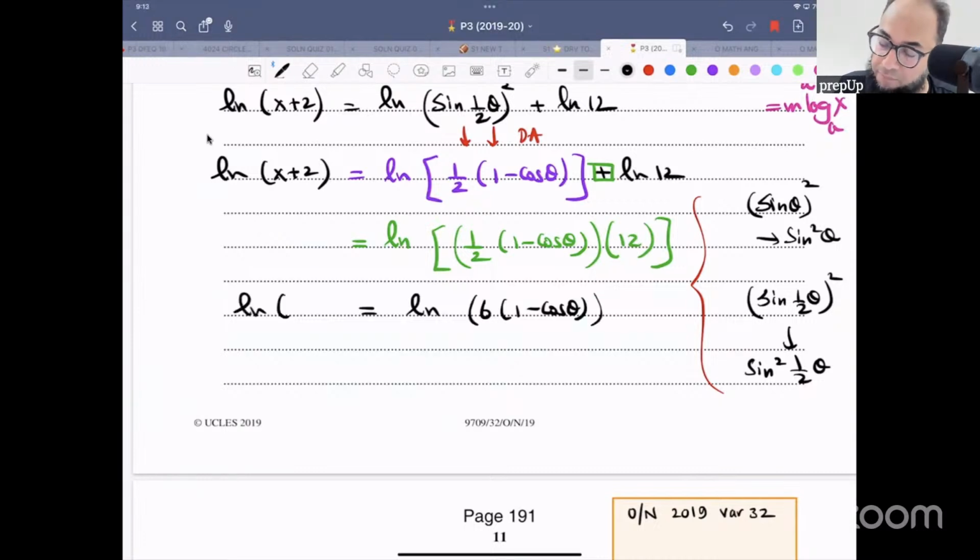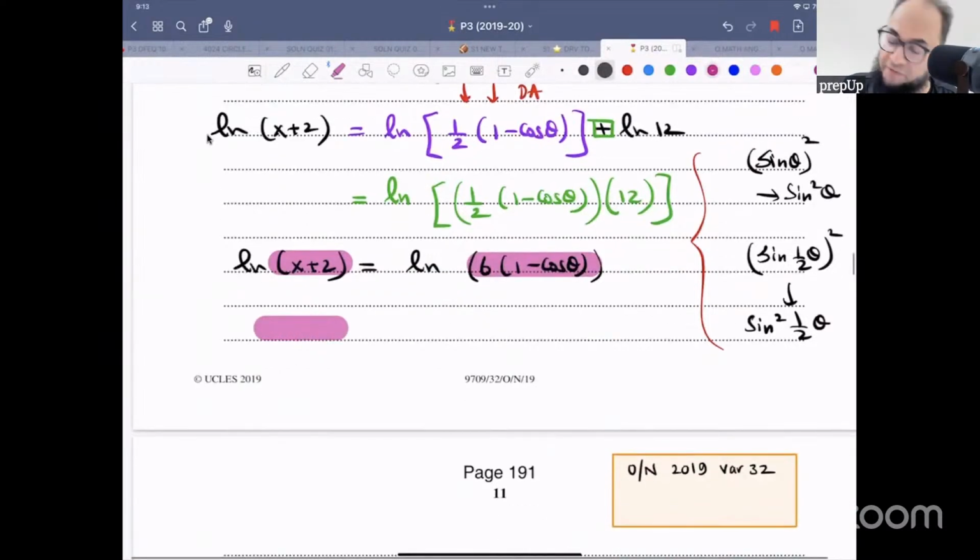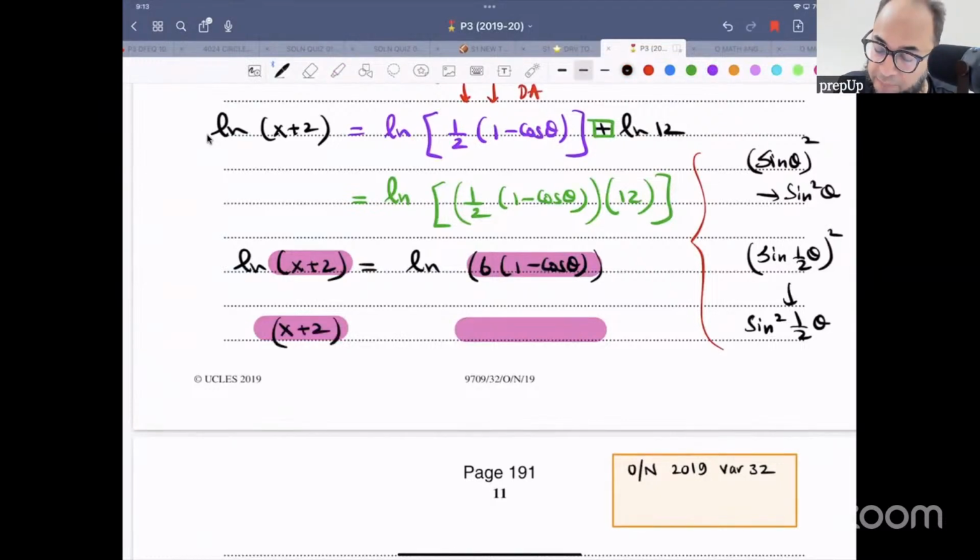This is ln x plus 2. Now, if you are taking ln of two expressions, in other words, this equals this. So therefore, x plus 2 equals 6 minus 6 cosine theta. Don't forget the 6.